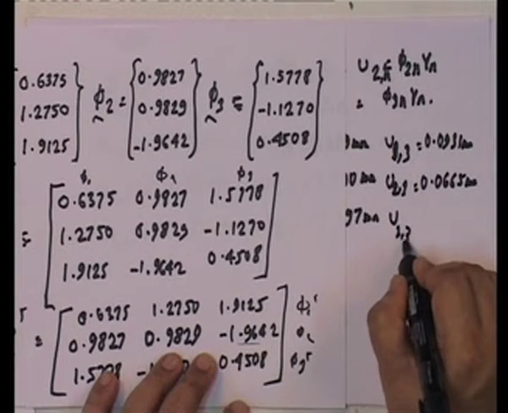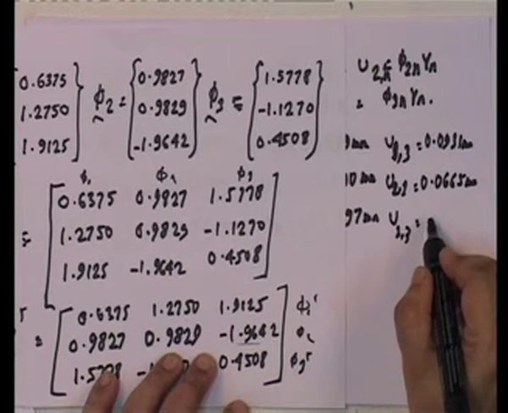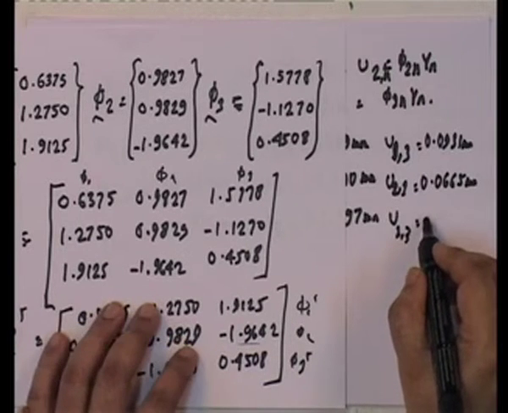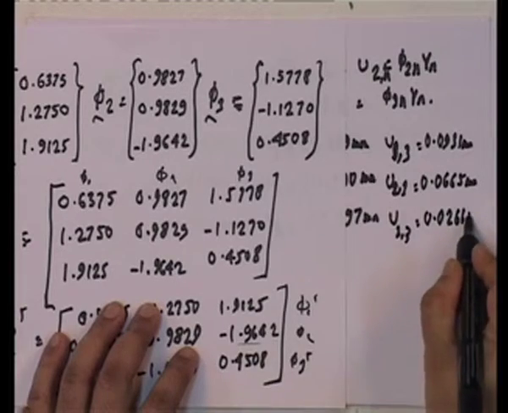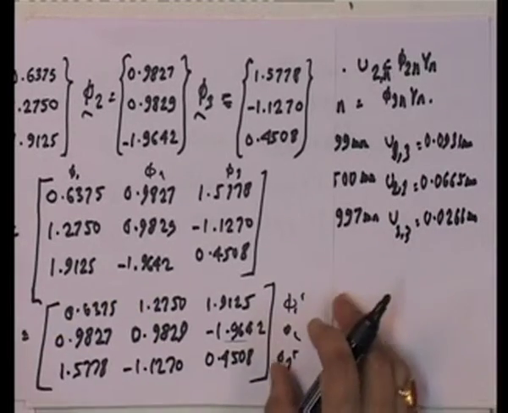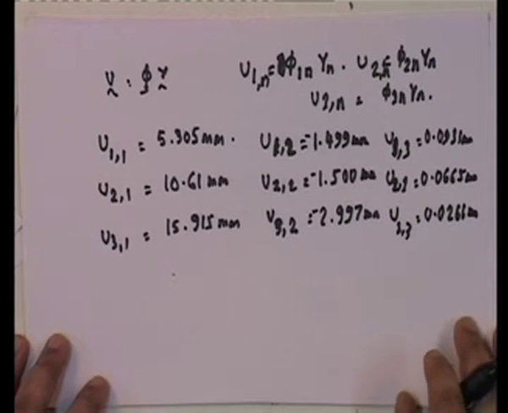So, you get V33 is equal to what? It is going to be smaller, and that is 0.0266 millimeter. Okay. So, these are your displacements.